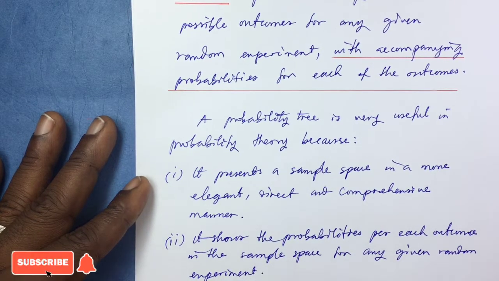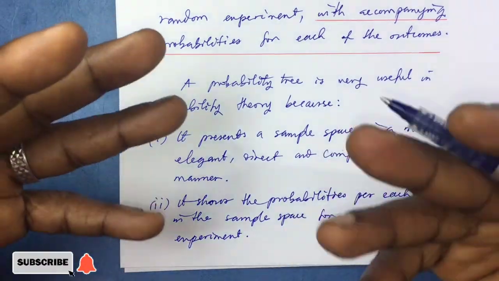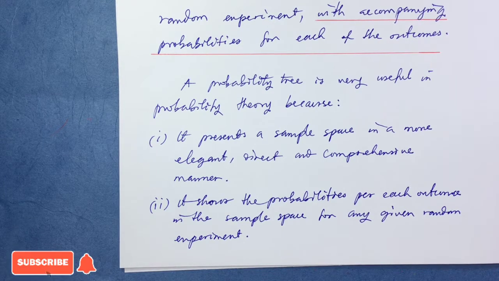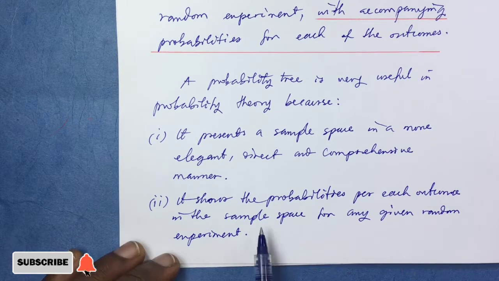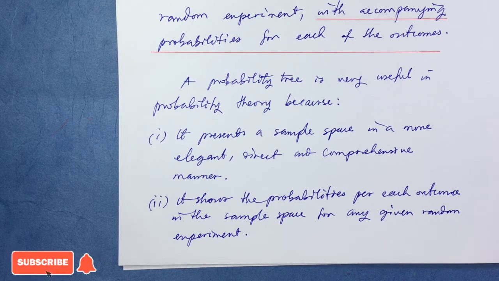This is unlike the previous theoretical representation of a sample space, which had no accommodation whatsoever for assigning probabilities to respective outcomes. So if you are using the probability tree, take note, it is expected to show you the probabilities per each outcome in the sample space for any given random experiment.